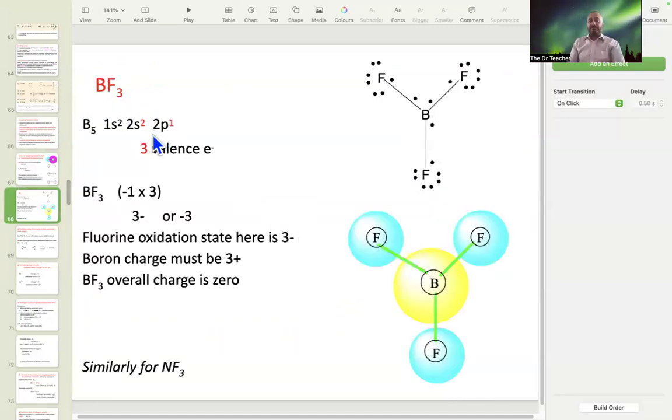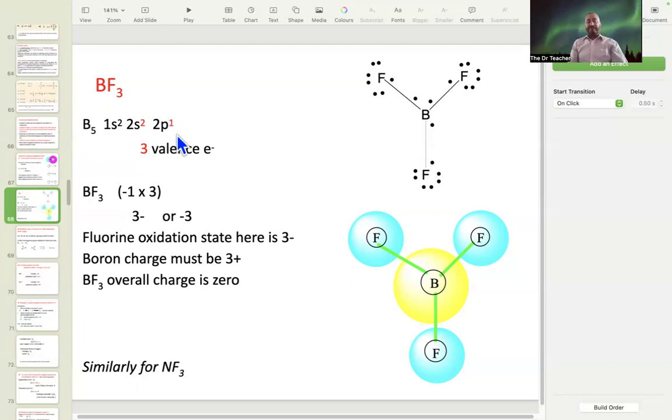BF3. Now we come to BF3. So the boron in the middle. Let's see how many electrons in boron. Atomic number 5: 1s2, 2s2, 2p1. So how many electrons do we have at the outer shell? We have 3. We call them the valence electrons. 3 valence electrons. So what do they need?